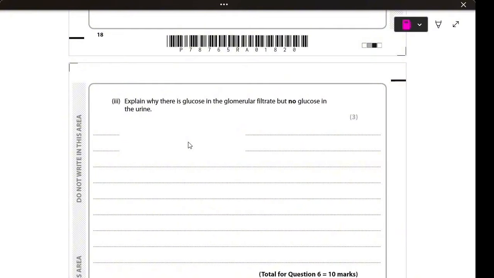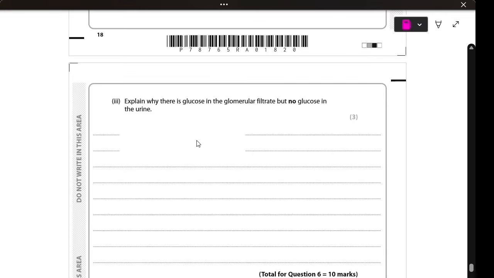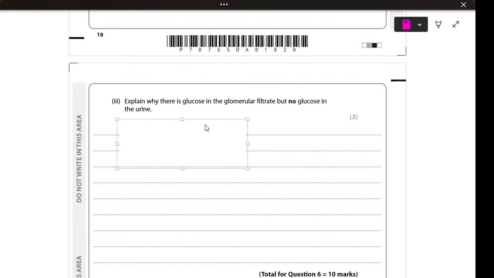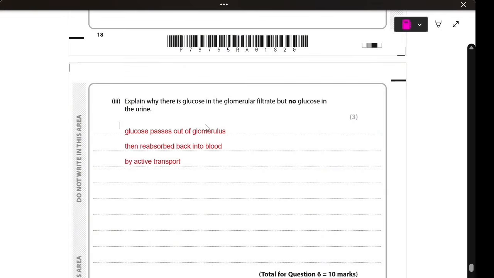This is because they are selectively reabsorbed into the blood by active transport in the proximal convoluted tubule. So glucose passes out of the glomerulus because it is small, then it is reabsorbed back into the blood by active transport, which is why it is not present in the urine.